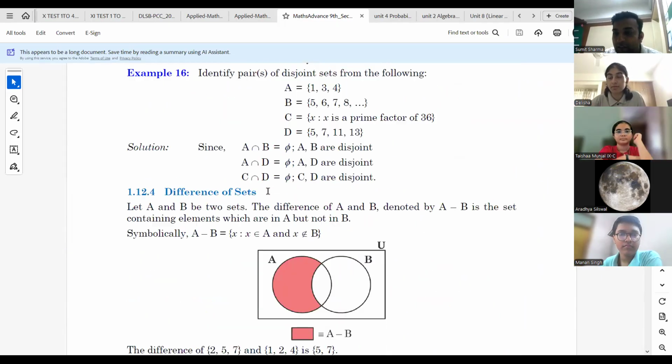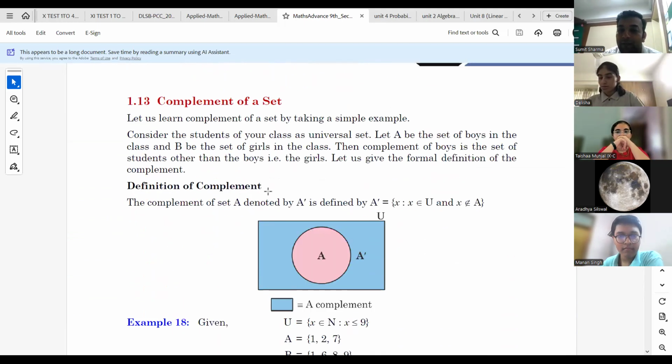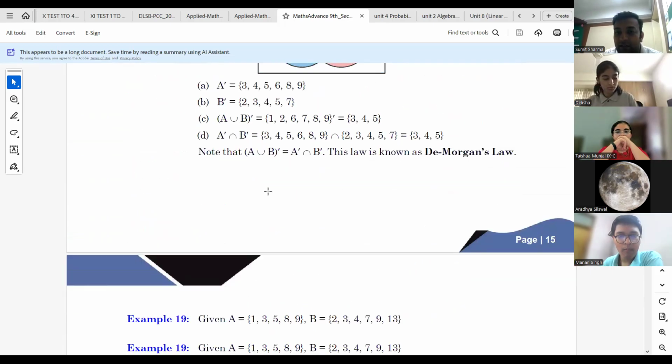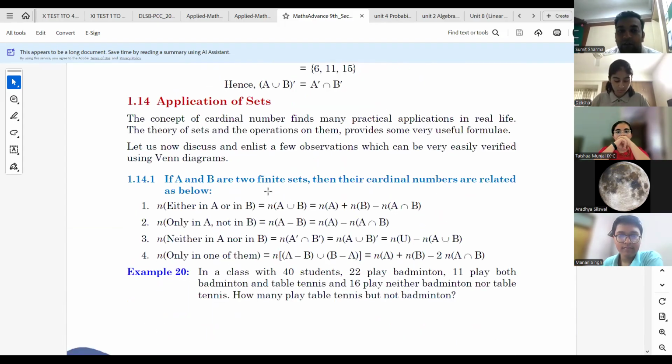So everything is given in the book also. You can read everything from here in the book and you will be able to understand, right? All the figures and all the Venn diagrams are also given.